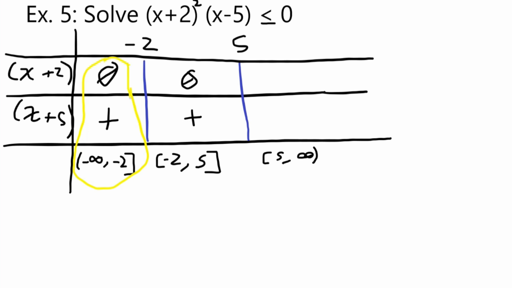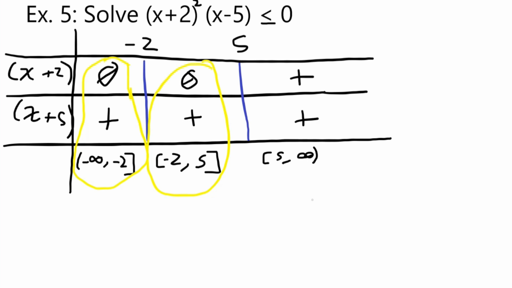But, yeah, so that ultimately is going to end up equaling 0. This also is going to ultimately end up equaling 0. So this interval is good as well. Now let's do this final interval here. 5 to infinity. Any number between 5 and including 5. Well, let's start with 5 again. 5 plus 2 is 7. That's positive. 5 plus 5 is 10.